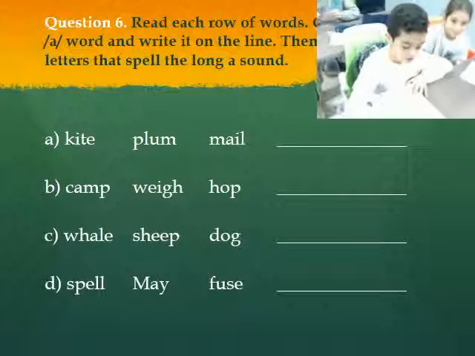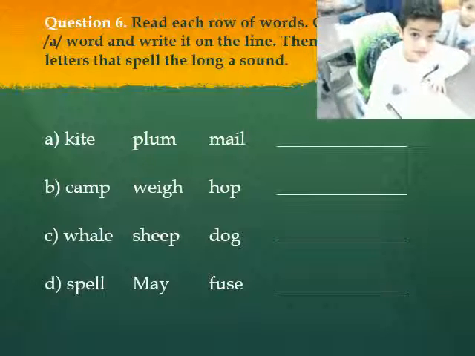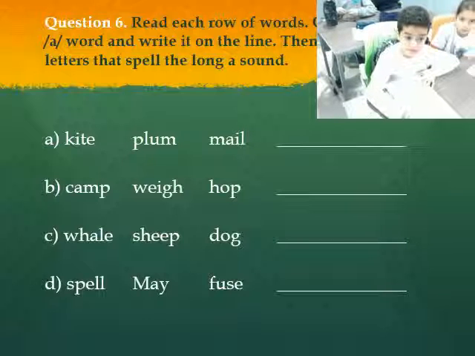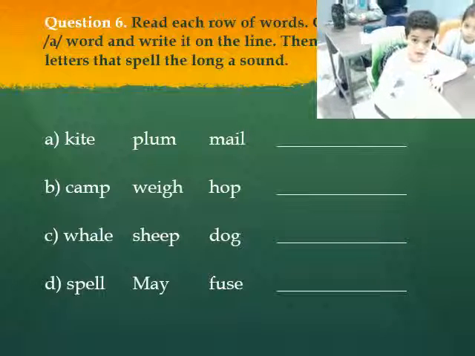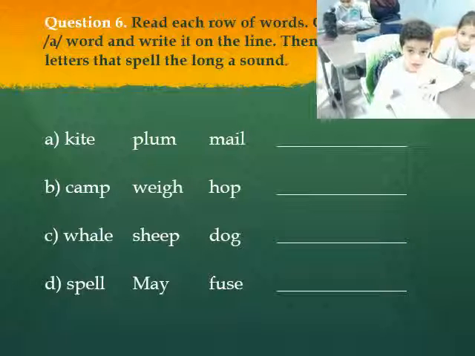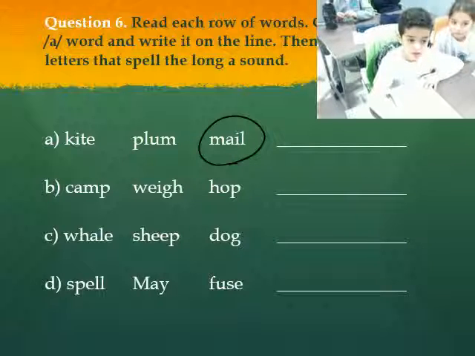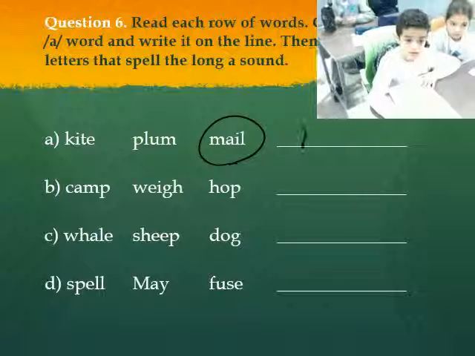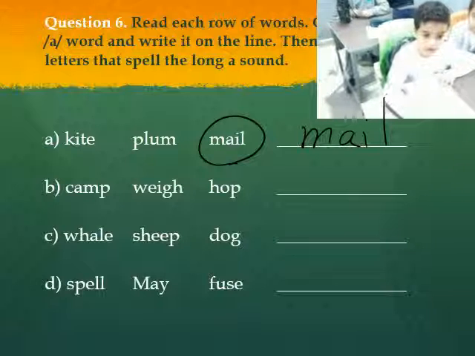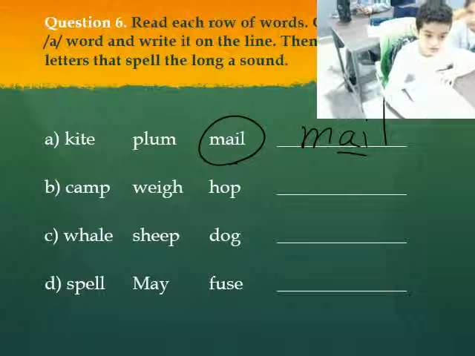Plum. Yes, very good. And male. So kite, plum, and male. In which word do you hear the sound A? Male. Very good. So what are we going to do here to the word male? We're going to circle. And where are we going to write it? On the line. So we write here male. And then underline what? A and I, because they make the sound A.